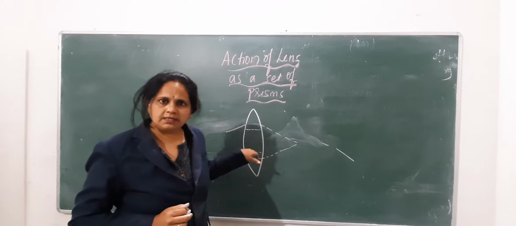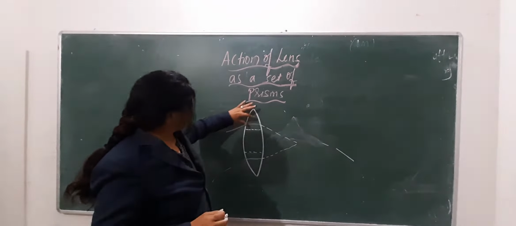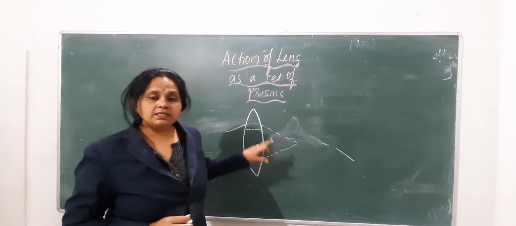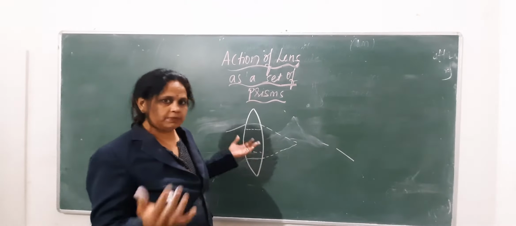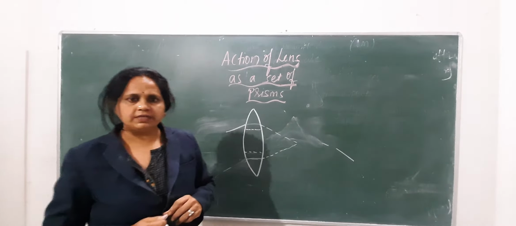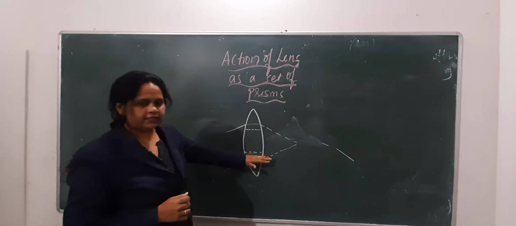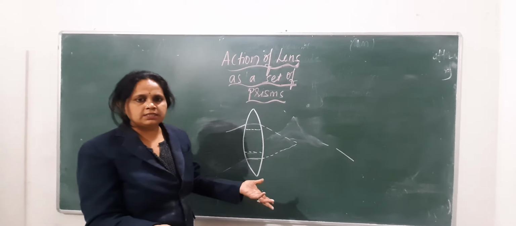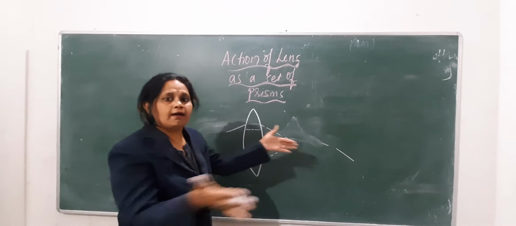The secret lies here, because the edges of the convex lens are acting like prisms. They are a set of prisms, and their bases are inwards. That is why whenever a ray of light enters the convex lens, it bends towards their bases, and overall the rays of light are converging.